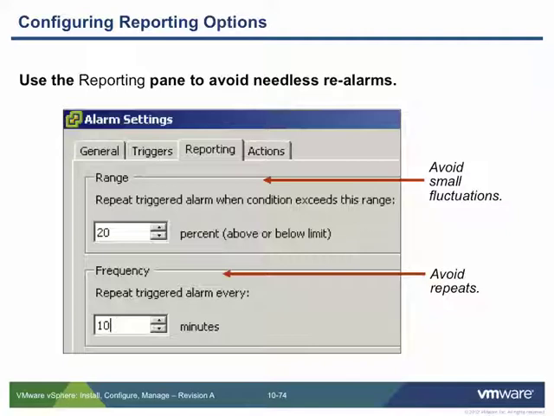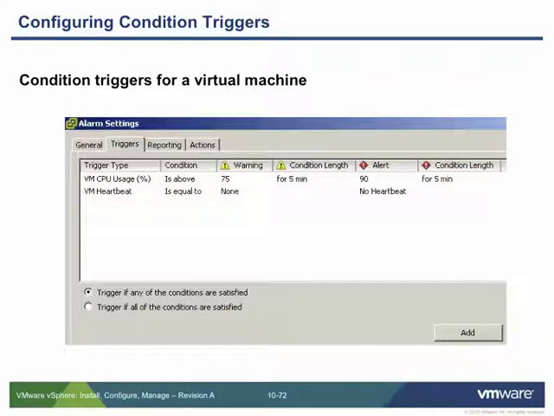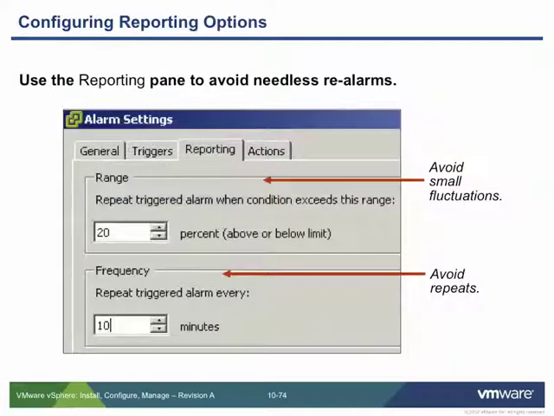So if we look at that previous example where CPU usage is above 75% for 5 minutes, and then we go into the reporting section and we repeat the triggered alarm when the condition exceeds 20% more. So from 75, 20% more would take us to 90%.